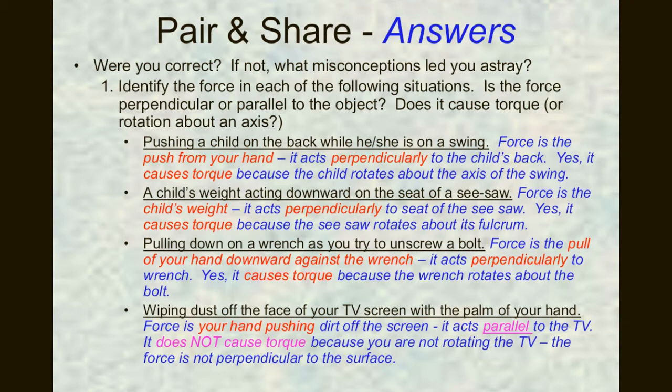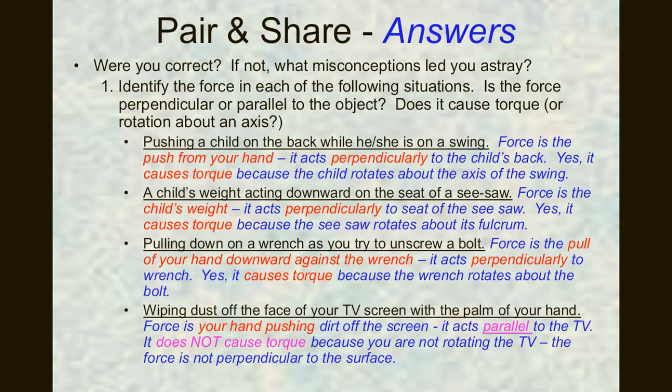And finally, number 4, we're wiping the dust off the face of your TV screen with the palm of your hand. So in this case, the force is your hand pushing dirt off the screen.